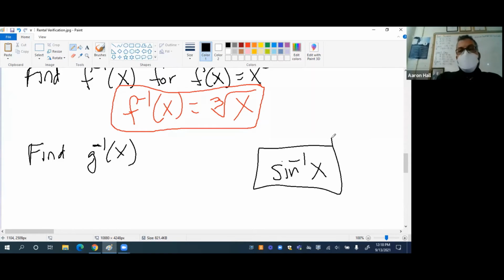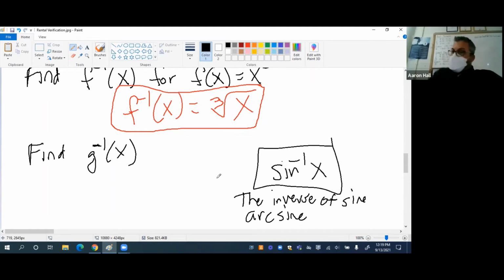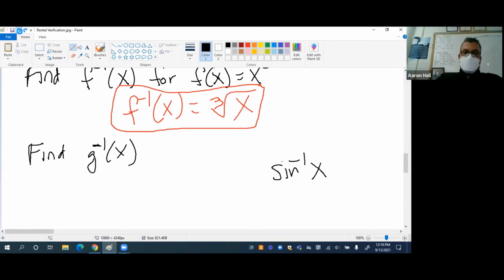It's the inverse of sine, or we can also call it arc sine. Have you heard that before? Both of them are correct. So this means the inverse of g of x. So I want to find the inverse of g of x. Bentley, we'll do that again later today in class. So if you're writing that down, sorry.